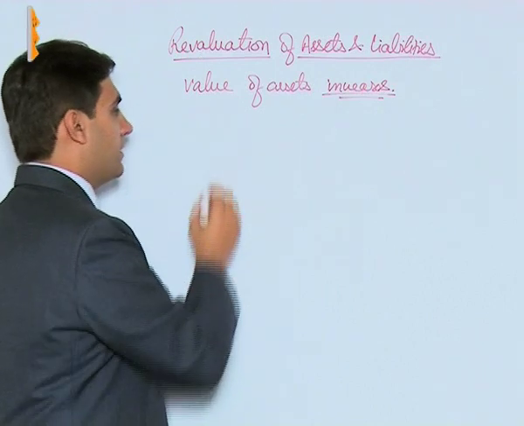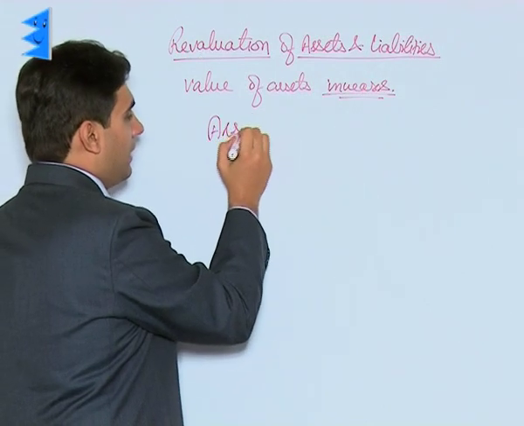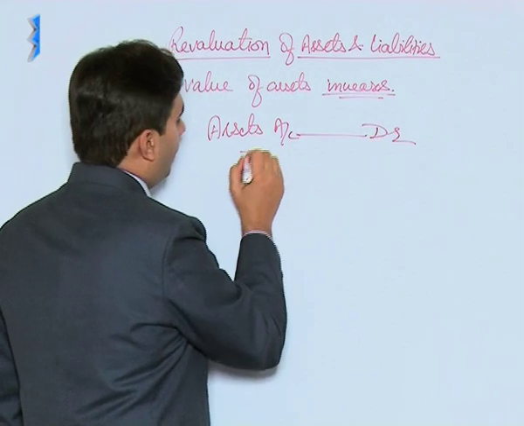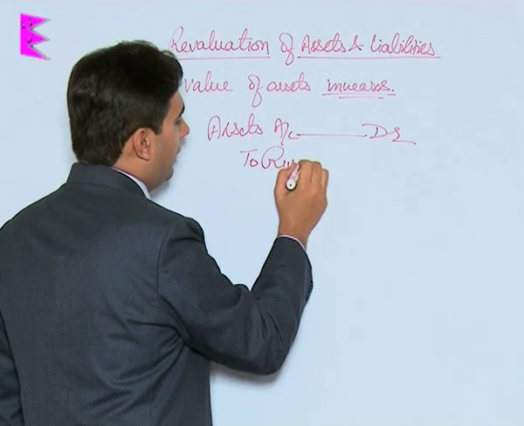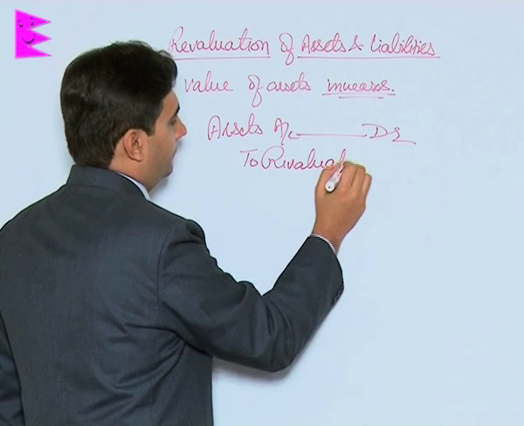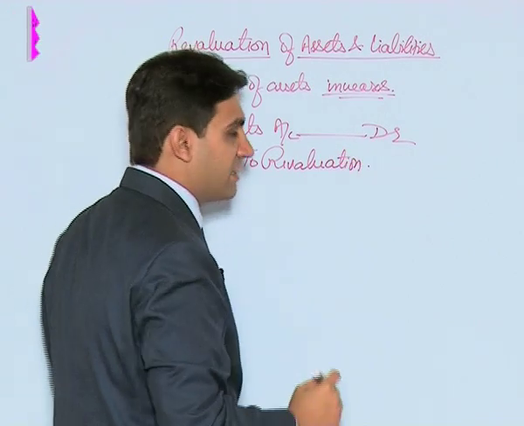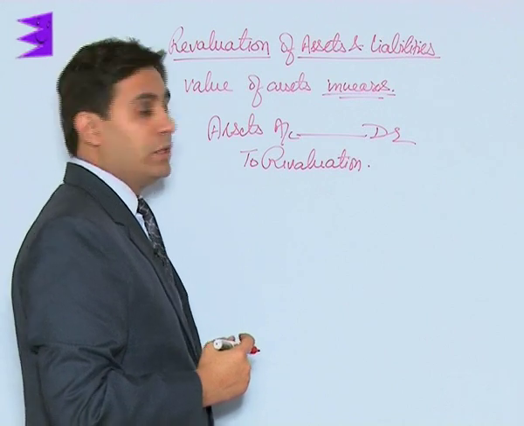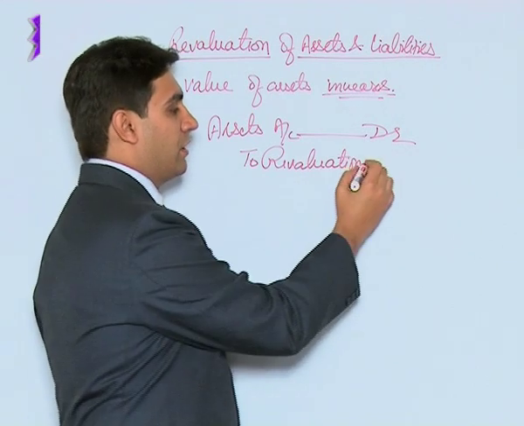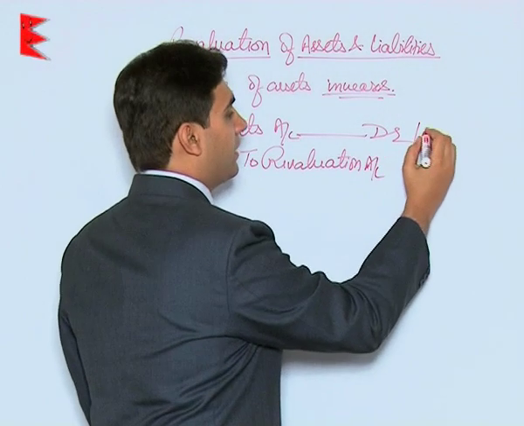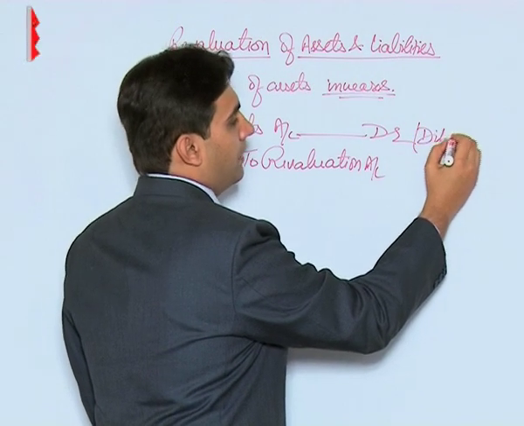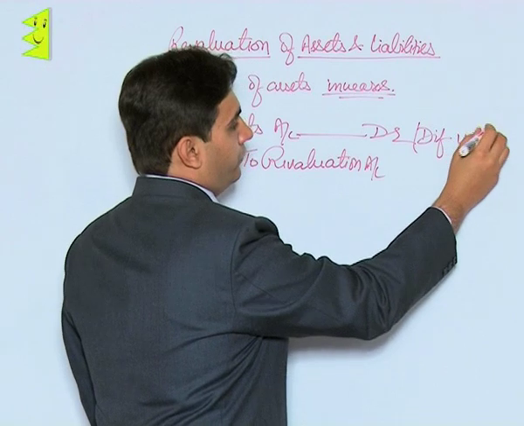In that case, the entry would be assets account debited to revaluation account. Since assets are real accounts, they are debited to show an increase in their value, and revaluation account is credited. Remember, it is only the differential value that is recorded.